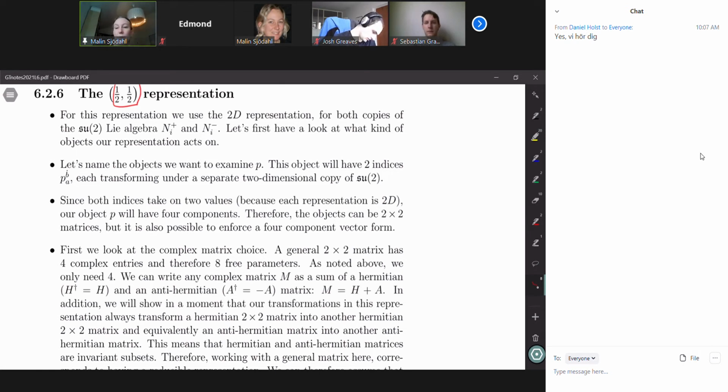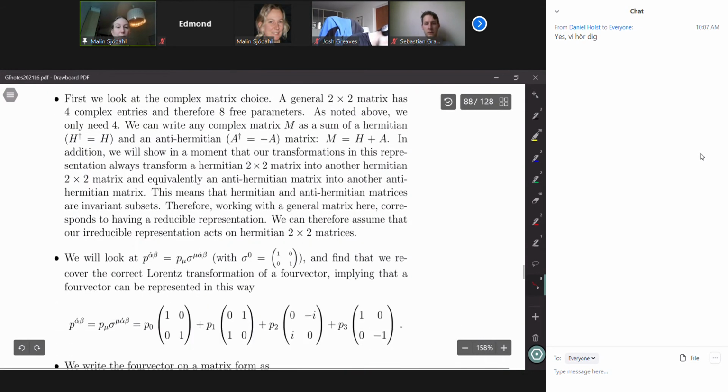So we will use a 2 times 2 matrix, and the general 2 times 2 matrix M can be split into a Hermitian part and an anti-Hermitian part. We will soon see that the Hermitian and the anti-Hermitian parts do not mix under Lorentz transformations, and therefore, if we had them both, we would have a reducible representation. So we will consider only one of them, the Hermitian part. There is also another reason for that I will come to.